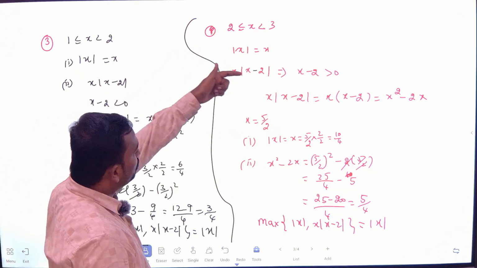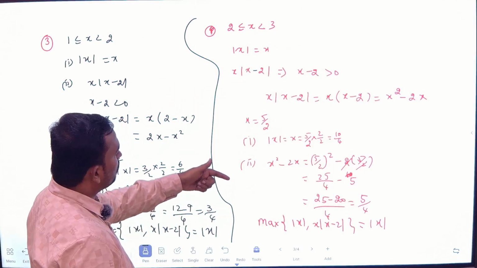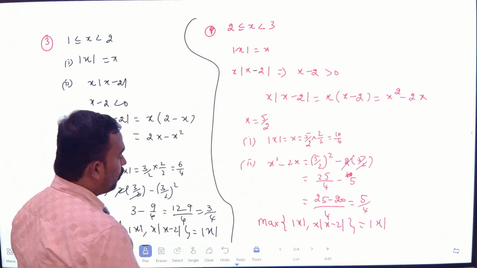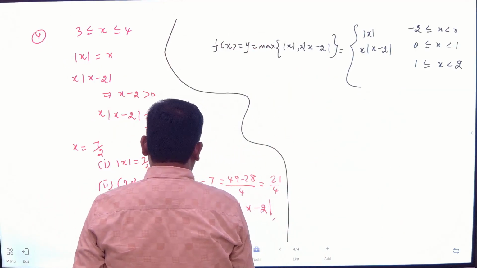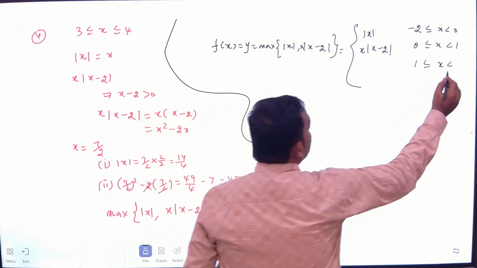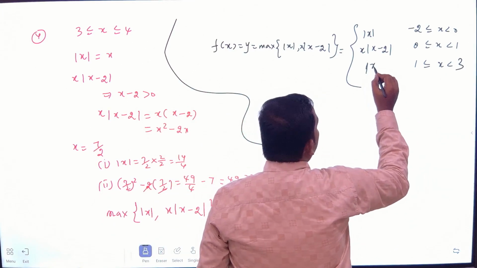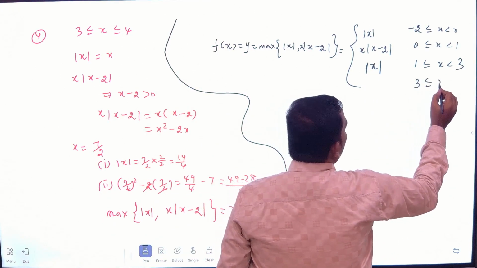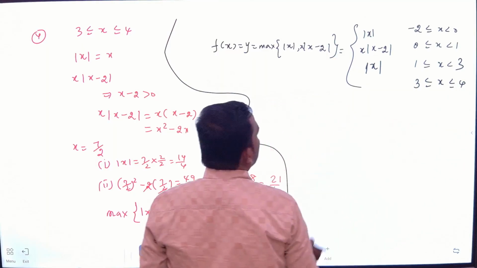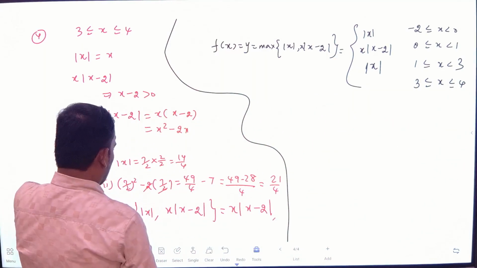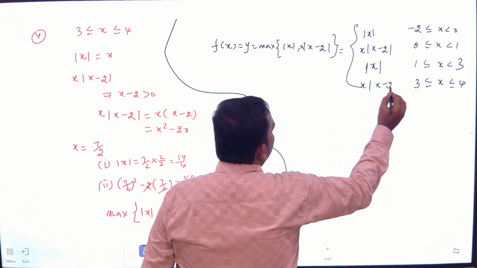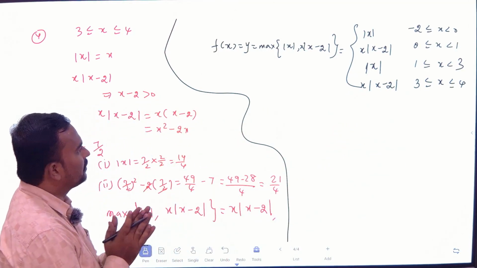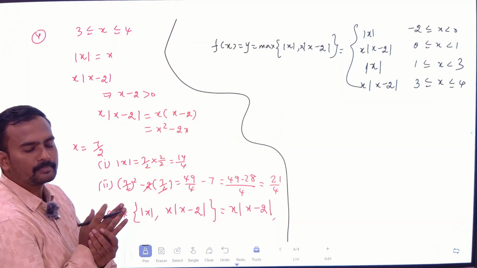The same way 2 to 3 also, maximum is mod x only. Therefore, 1 to 3 we can write, instead of 1 to 2, this is mod x. Then 3 to 4, here the maximum is x into mod x minus 2, clear? Okay, fine, this is your function.